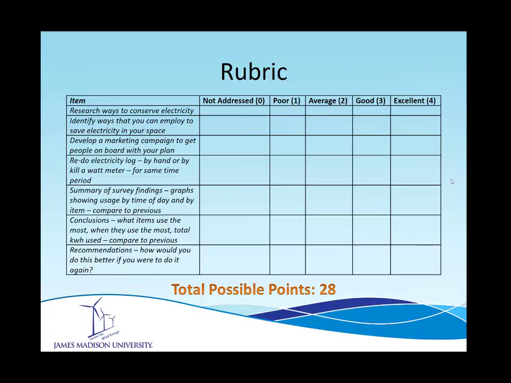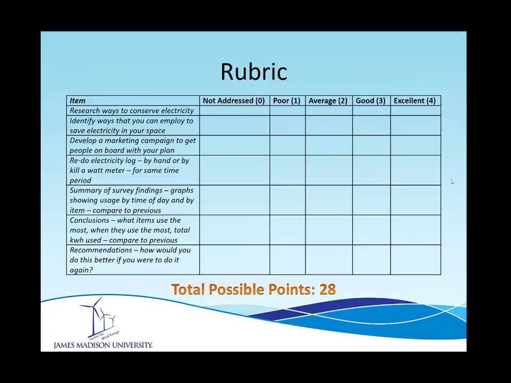Again, the topics that we're really looking for you to address is researching your ways to conserve, identifying the ways that you're employing those different ways in your space, the development of your marketing plan, the electricity log before, during, and after your plan has been executed, with a summary of findings, again, the graphs and charts that are showing usage by time of day and by appliance.